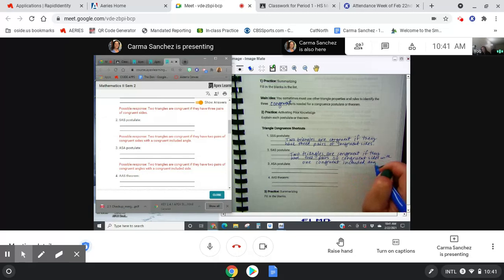What does that included angle mean? It means it needs to be in between the 2 sides. That's your SAS.